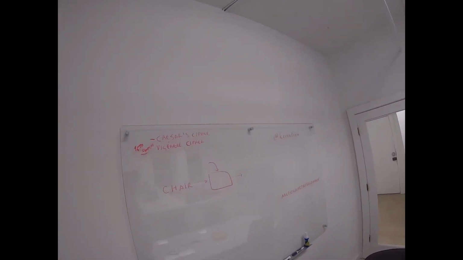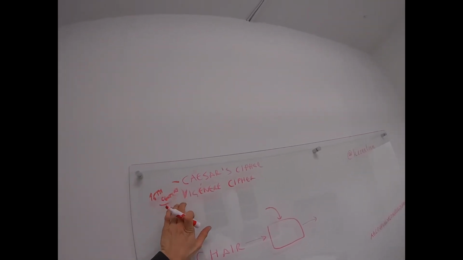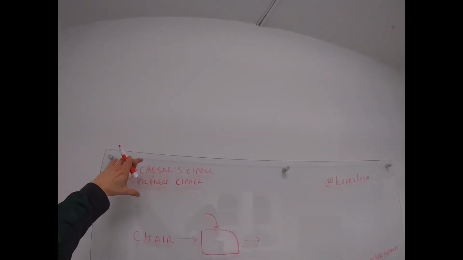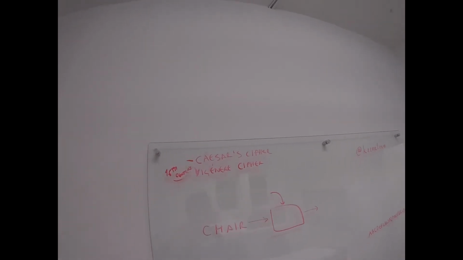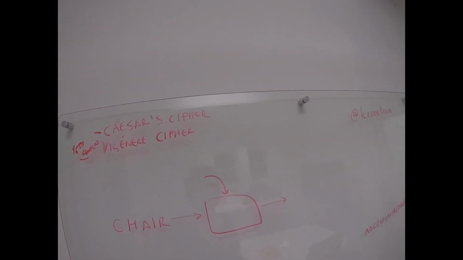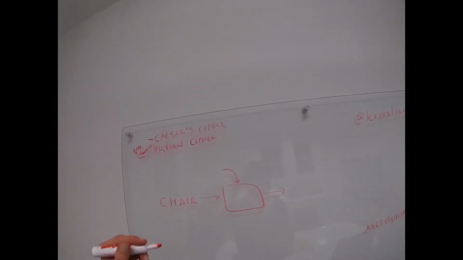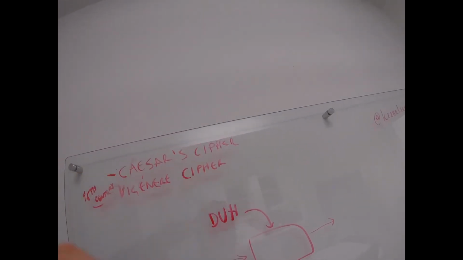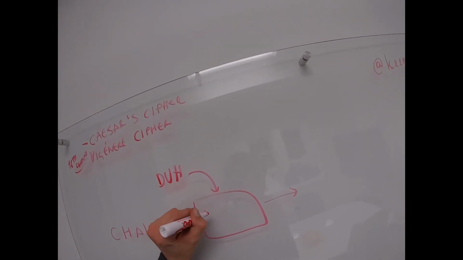The key difference, and why this one was more secure, obviously nothing crazy secure but much more secure relatively compared to the Caesar cipher, is that the Vigenere introduces a more complex key. So we can have a key of DUH, for example. So how does this encryption work? Let's call it Vigenere.